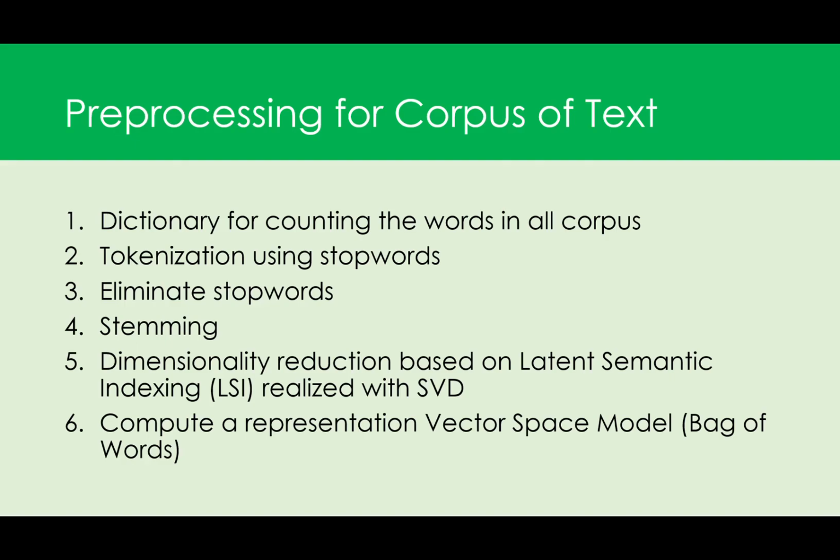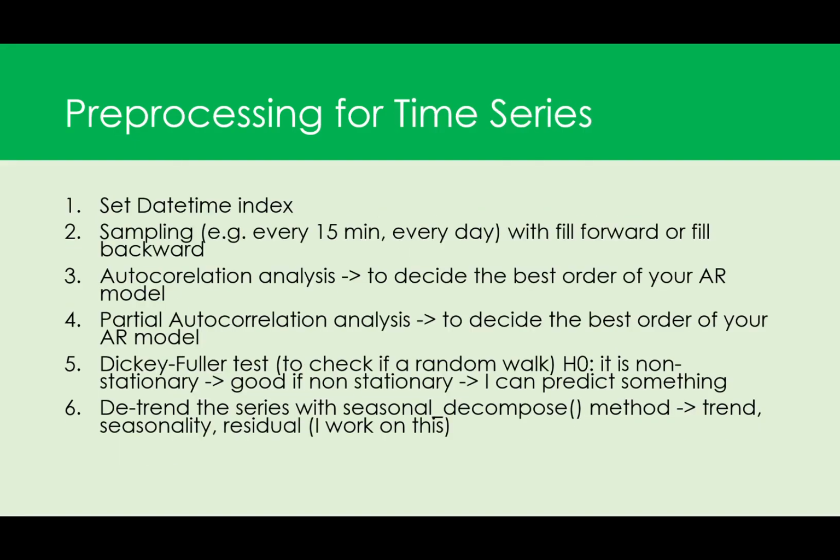Then tokenization, eliminating stop words, and also stemming, that is aggregating words that have the same prefix, like computer, computing, and so on. Dimensionality reduction based on latent semantic indexing, which is realized with SVD, and then computing the vector space model representation, also known as bag of words.